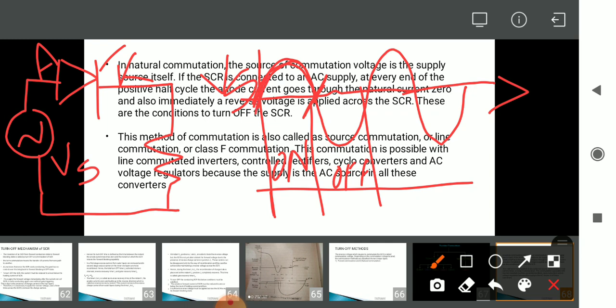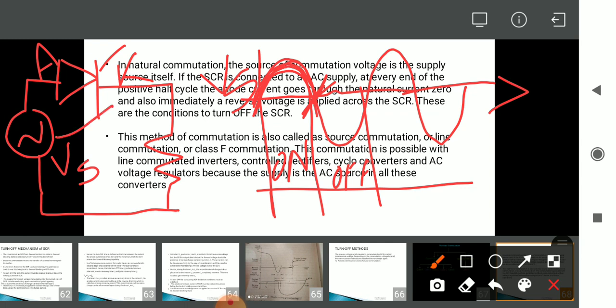This one, as the name says, is natural, that is a natural zero is occurring. So it doesn't require any external elements or external circuits to turn off. This method of commutation we also call source commutation, because the source itself, that is the supply source, is turning off the SCR.